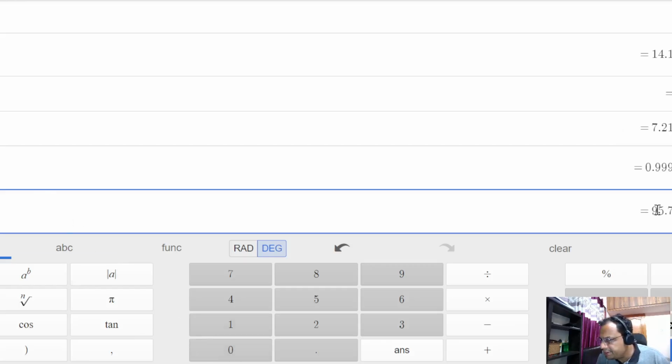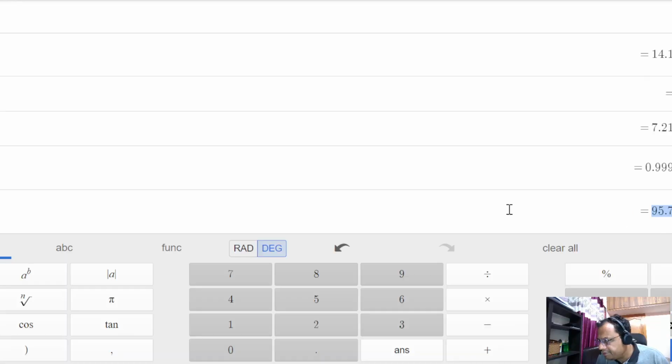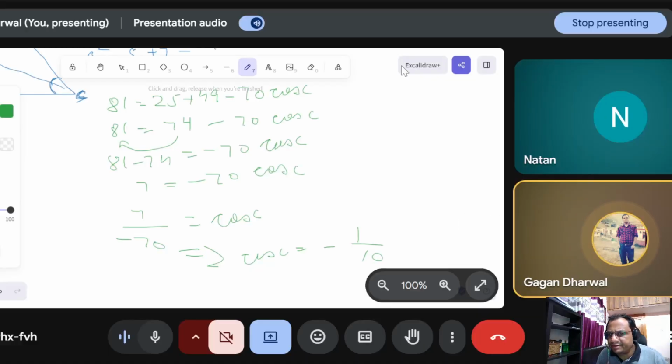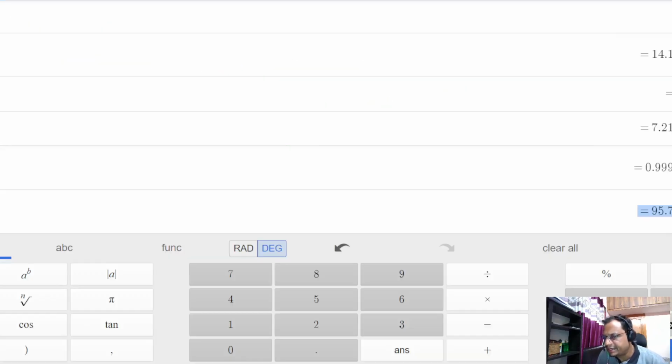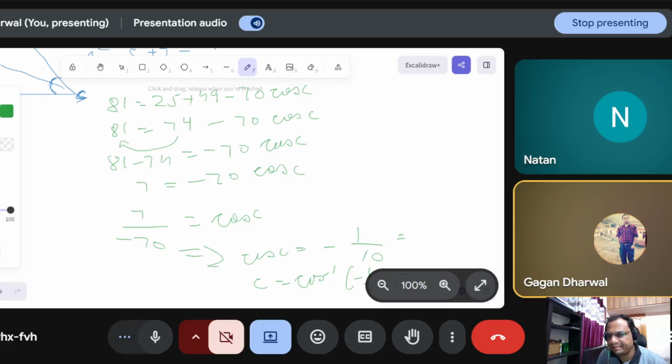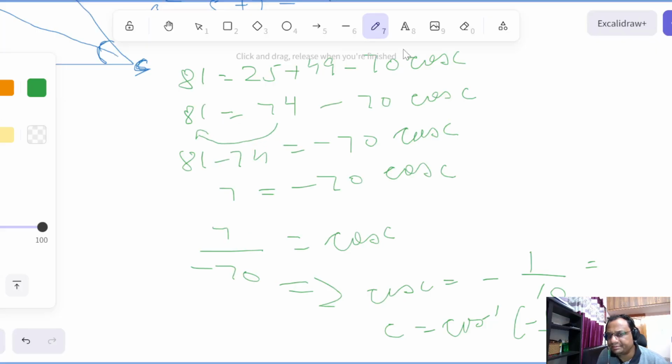That is coming out to be 95.739. The 95 angle we can take approximately. So C equals cos inverse of minus 1 over 10, and we are getting a value of approximately 95 degrees. So that is our angle C.